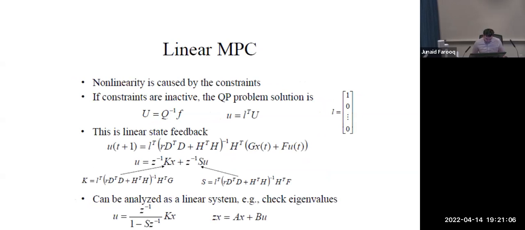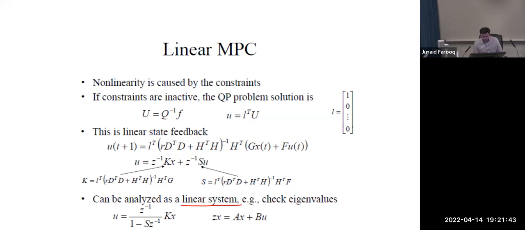Okay, so there are adaptations that people have studied in the MPC to resemble the linear state feedback that we have talked about. And the goal is to come up with references to the linear system that we have talked about, right? So people want to see eigenvalues and other properties.